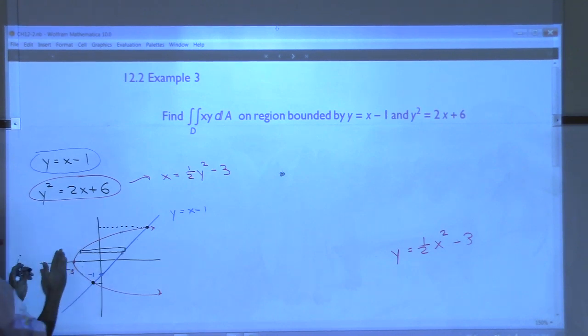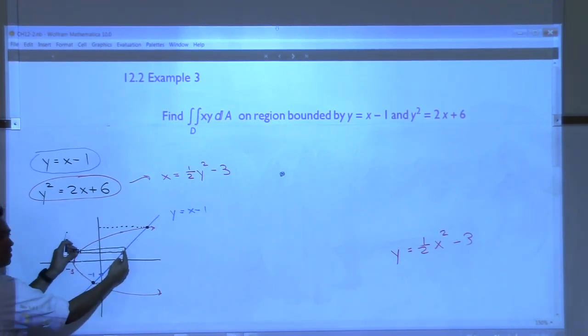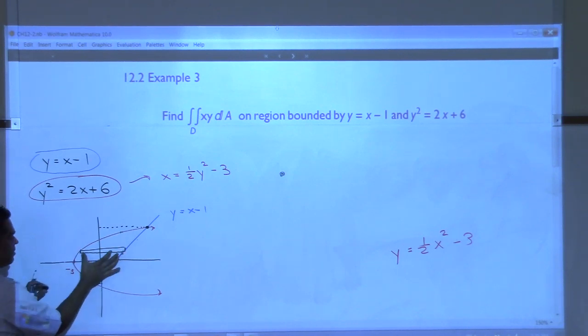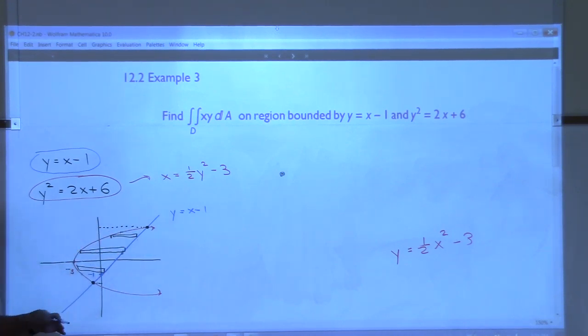And now the question is, are the right side and left side of this rectangle always going to be two different functions? So no matter where I move this rectangle, no matter where it is in here, as I let y move, is it always the blue on the right and the red on the left?